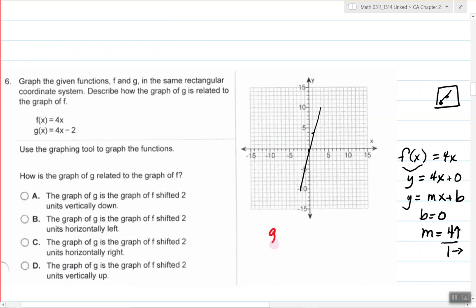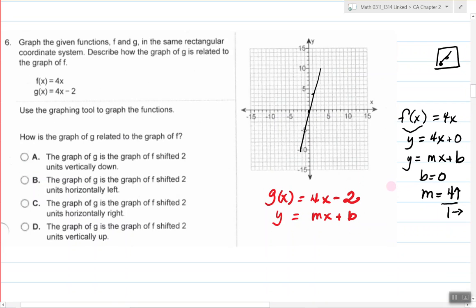So g of x is 4x minus 2. Thinking in terms of y equals mx plus b, remember g of x is just a function name in the place of y. This tells me that the b value is negative 2.